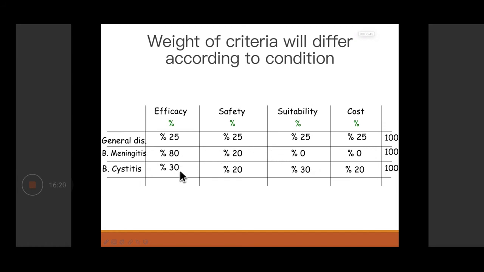Similarly, for a general disease like bacterial cystitis, here again suitability will be more important and cost is more important because the disease is for a longer duration, you have to take the medicine, and the disease is not life threatening. So you can understand that all scoring of the various factors you have to do depending upon the type of illness. Am I clear?